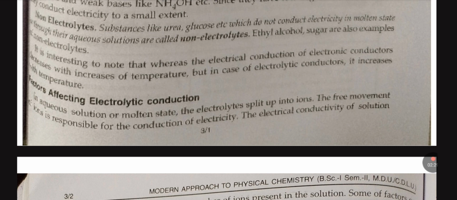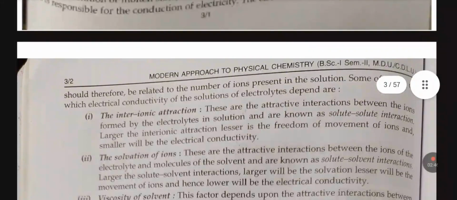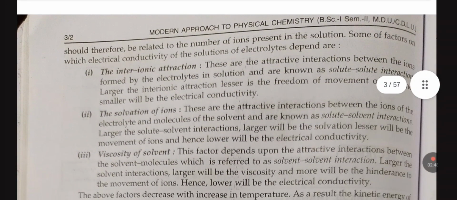Factors affecting electrolytic conduction. In aqueous solution or molten state, the electrolytes split up into ions. The free movement of ions is responsible for the conduction of electricity. The electrical conductivity of solution should therefore be related to the number of ions present in the solution.